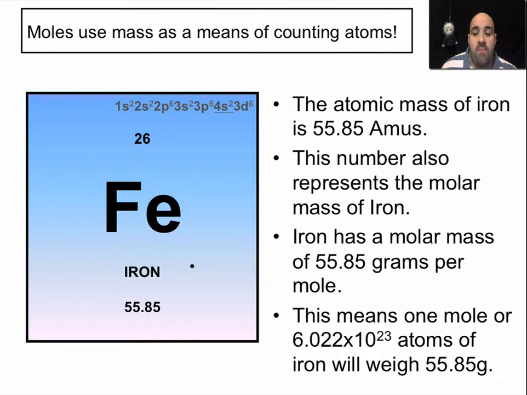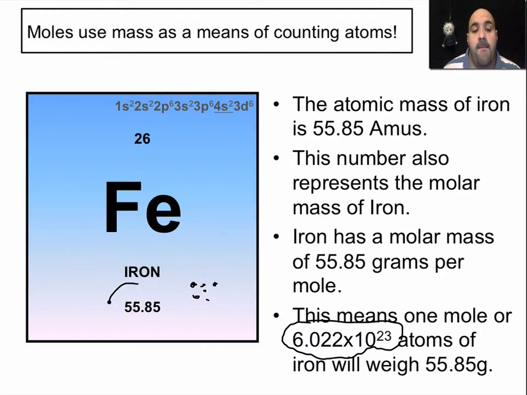And this means 1 mole of iron, and 1 mole of iron will be this many atoms of iron. Remember the definition of a mole? 6.022 times 10 to the 23rd units. So if you had a mole of iron, you'd have this many atoms of iron all in a pile. And we certainly can't draw that many, but you'd have this many atoms. And what we're saying is it would weigh 55.85 grams.